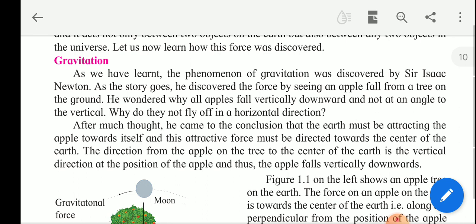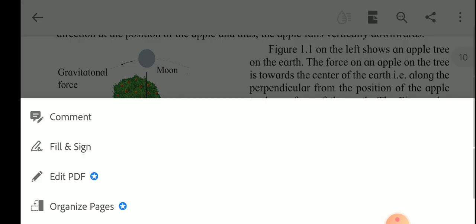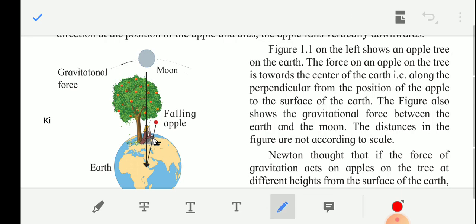The phenomenon of gravitation was discovered by Sir Isaac Newton, and as everyone knows, the earth attracts each and every object. You can see in this picture the moon, one of the objects, having a force directed downward towards the center of the earth.